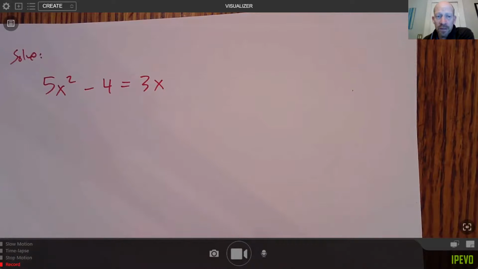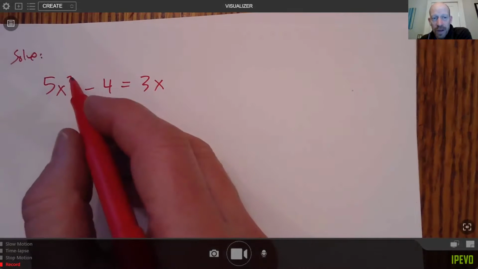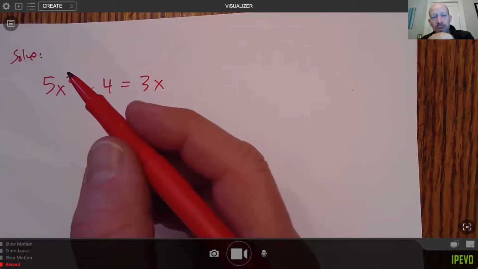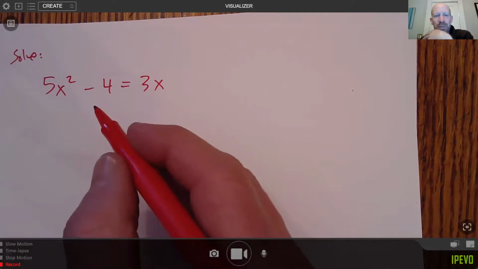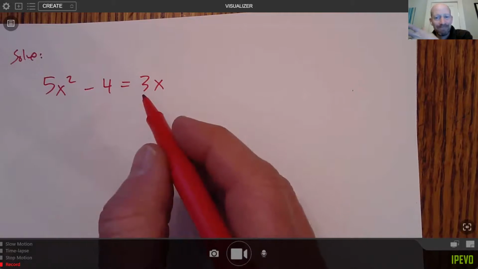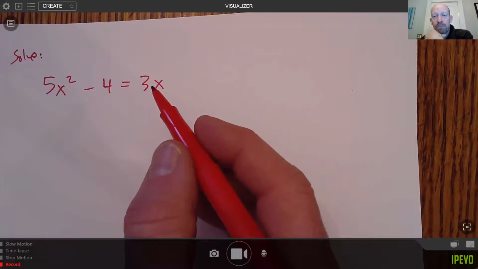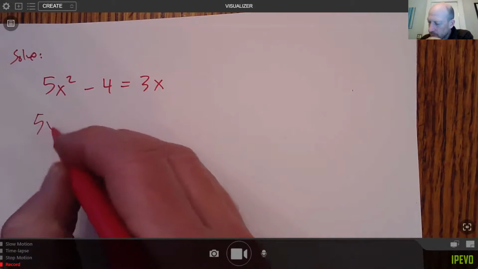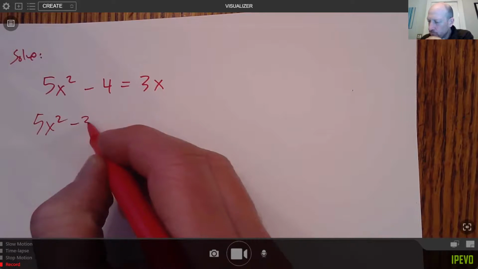So when you see one like this, it's a quadratic. So we want to think through that hierarchy. Can I use the square root property? No, because I don't have an x squared equal to a number. Can I factor it? Well, maybe. I'm going to move this 3x over.